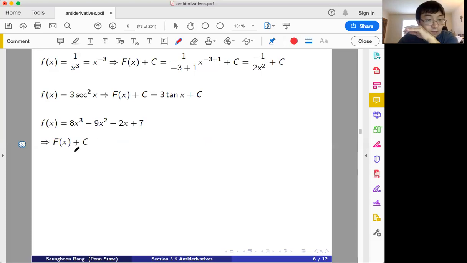So you have to keep 8 the same. Keep 8 and find the antiderivative of x cubed. What is the antiderivative of x cubed? Could you write your answer on the chatting board? Do you know the antiderivative of x cubed?